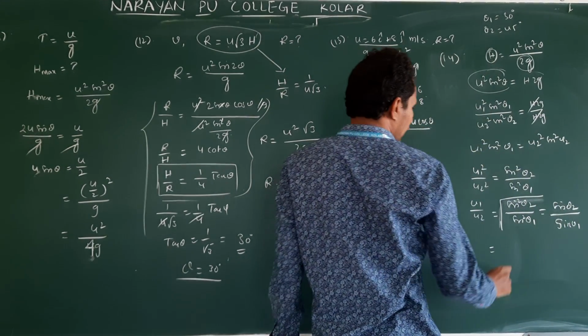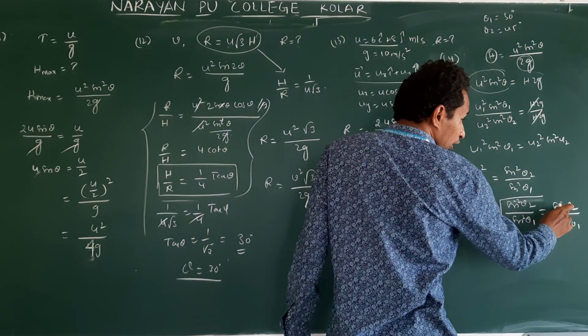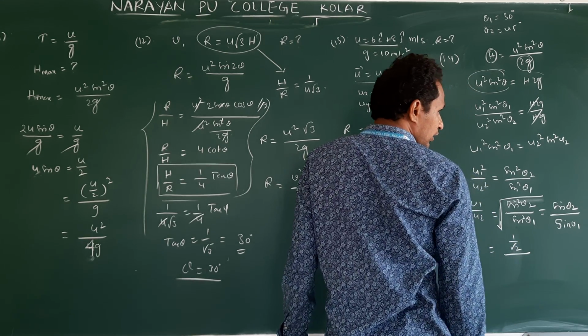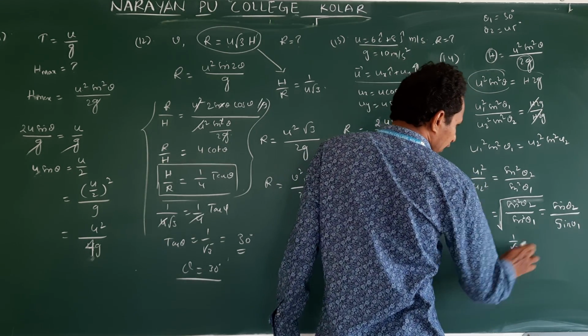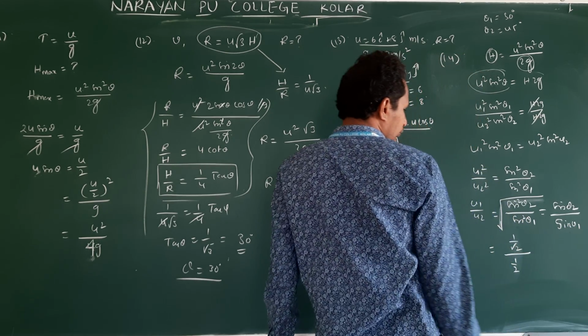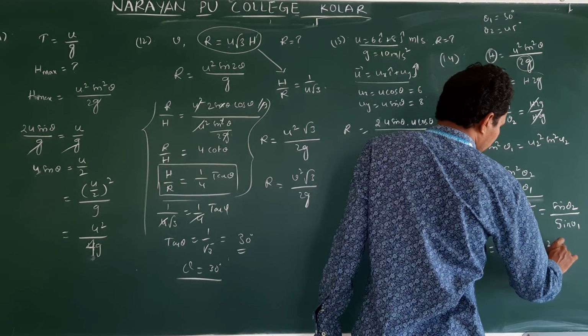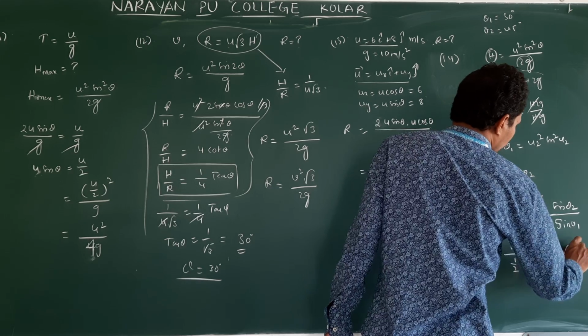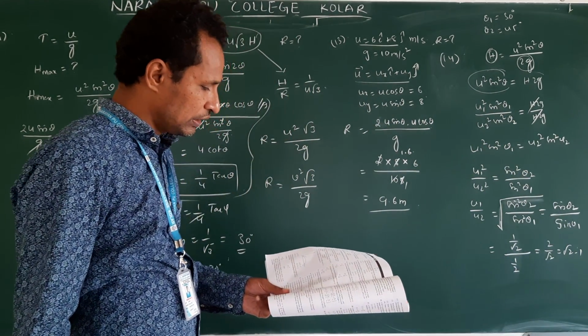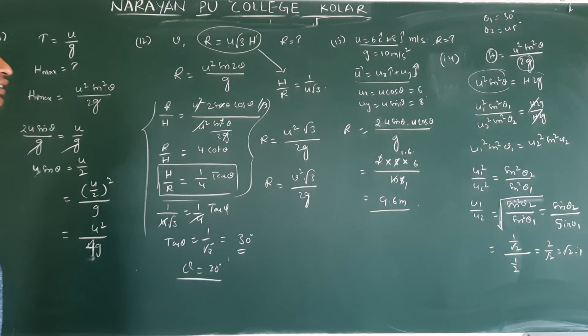Then sin theta 2, sin 45, is 1 by root 2. Am I correct? Next, sin theta 1, sin 30, is 1 by 2. Then this will be 2 by root 2, which is root 2 is to 1. Clear? Option 2 is correct.